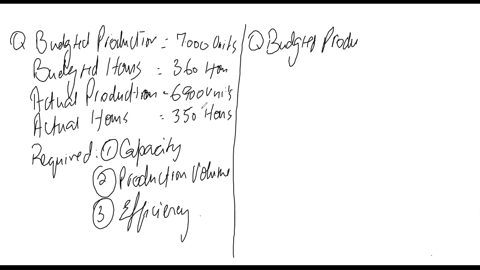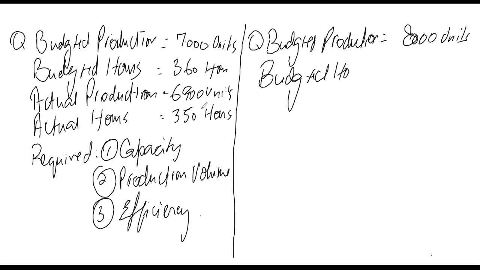Another question is: budgeted production is 8,000 units. Budgeted hours is 560 hours.